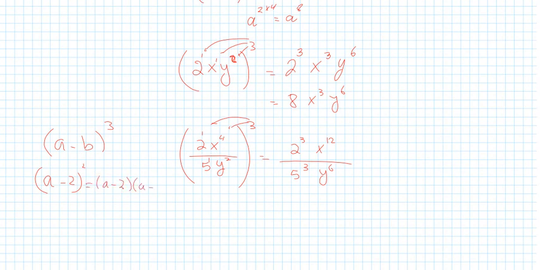And then you had to distribute, squared minus 2a minus 2a plus 4, right? And then collect like terms: a squared minus 4a plus 4, okay?